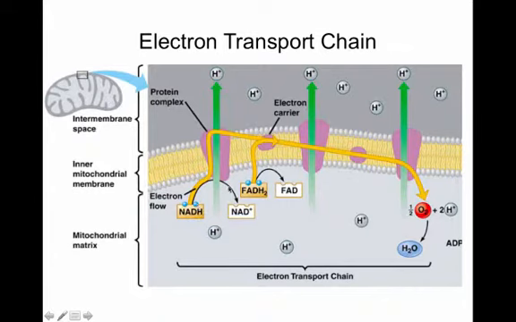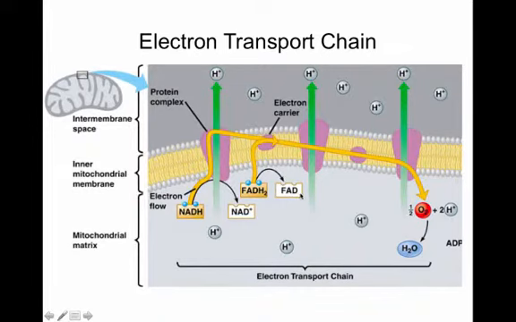It's going to be oxidized to NAD+. That NAD+ can be recycled by the cellular respiration machinery to go through another round of glycolysis or used in the citric acid cycle. So it's not put to waste. And the same with the FADH2. It is oxidized to FAD.